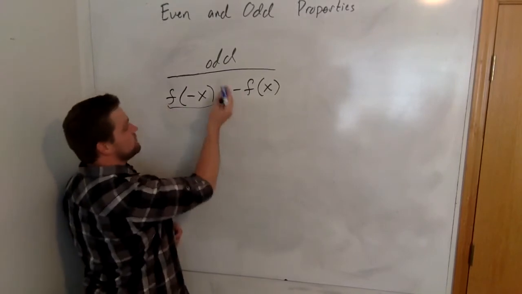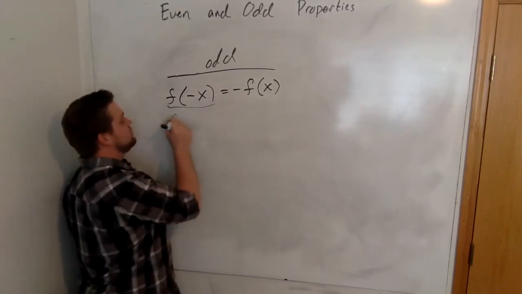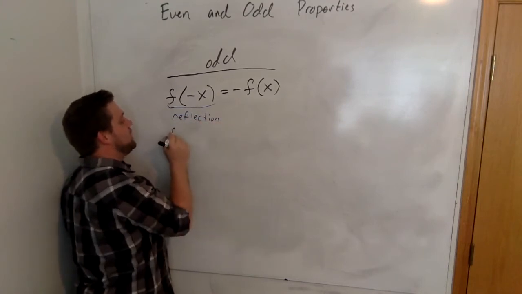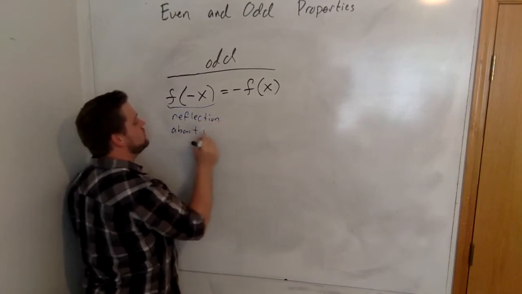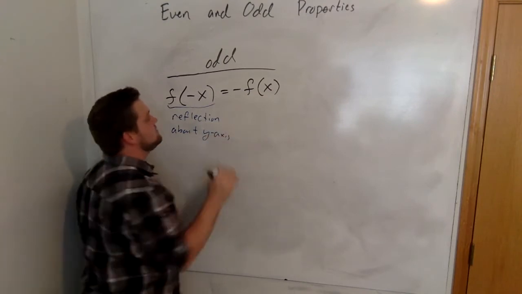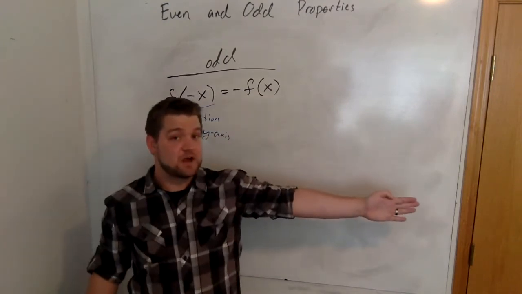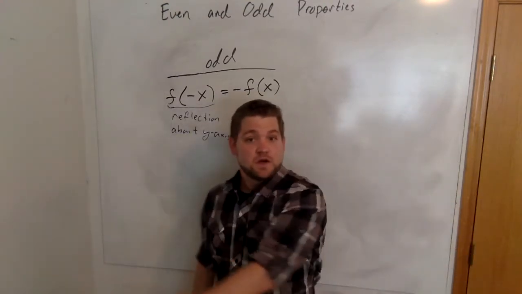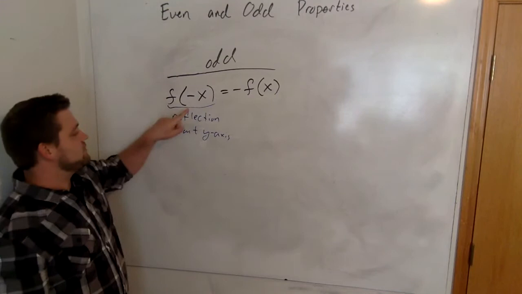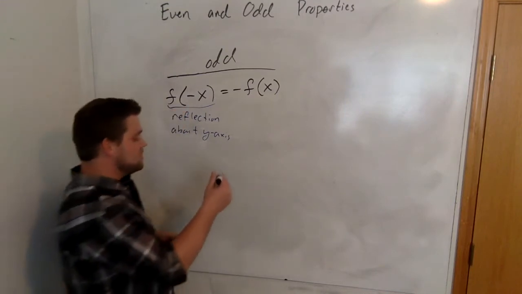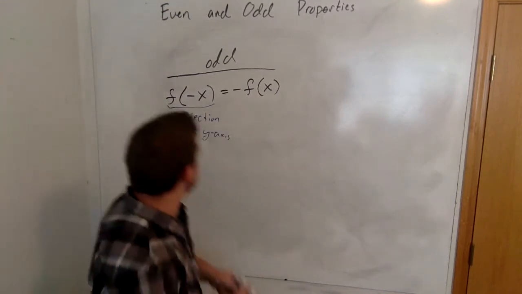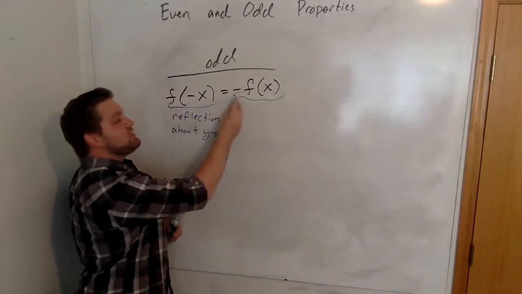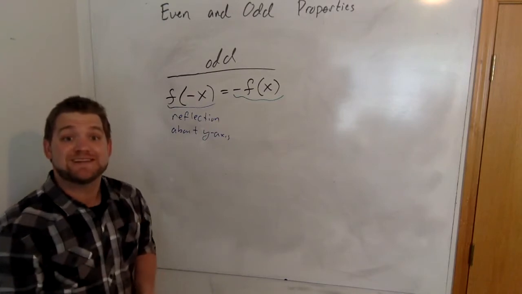Just like when we were talking about even, this says a reflection about the y-axis. I'm taking a function, taking its x values, and making them negative, so that just reflects my graph over the y-axis. Now what is this telling us? Well, now I'm putting a negative on the outside of the function, so now I'm affecting the outputs.